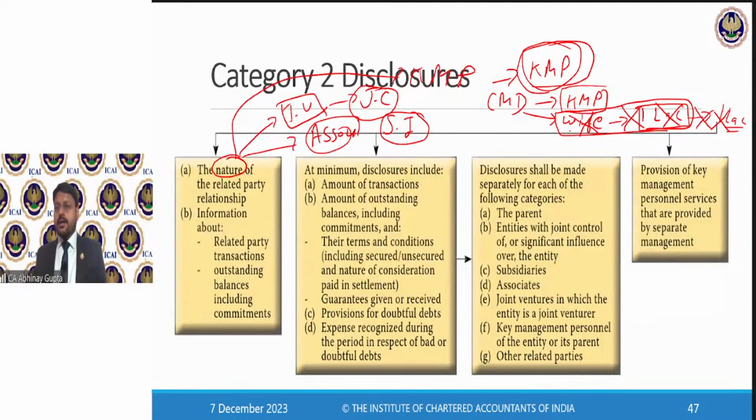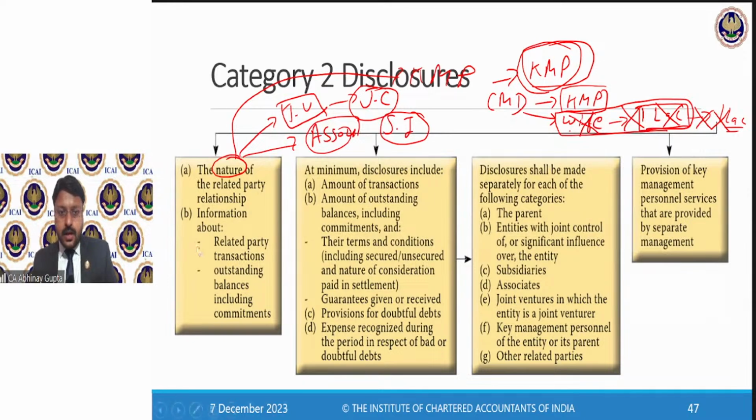Otherwise, I will end up disclosing all the close family members' names of all my KMPs. So my CFO's wife, domestic partner, children of the domestic partner, parent, dependents. Unnecessarily, I will disclose all the family tree of all my KMPs. So I don't need to do that. So I will only be disclosing those relationships with whom the company has entered into the transaction, right? Otherwise, no. Clear?